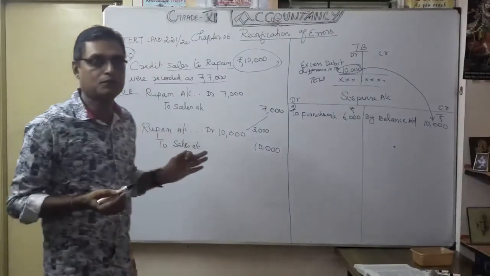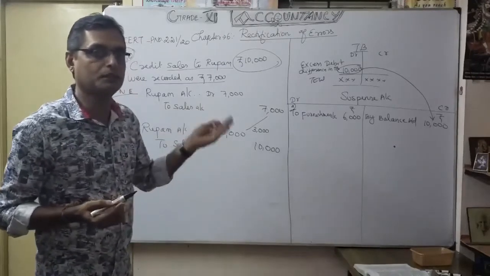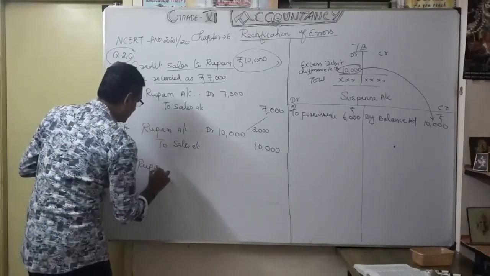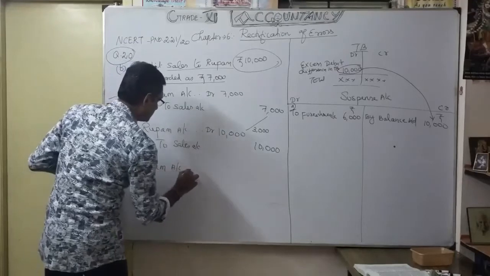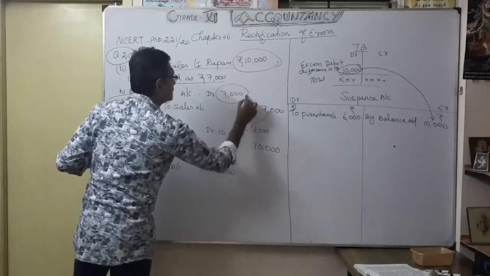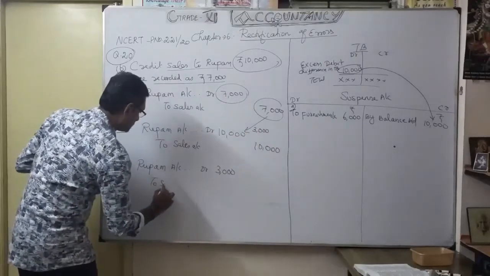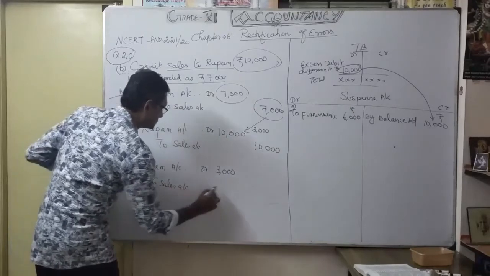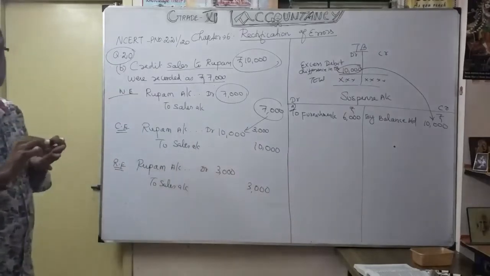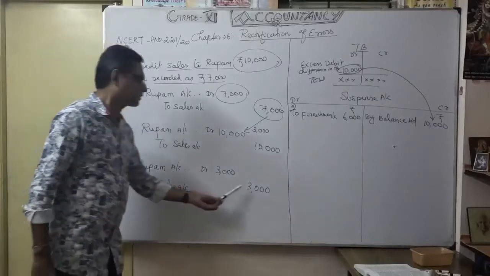No question of suspense account, because the error is only the amount, not debit and credit. So the entry is the same: Reuben account debit 3,000, because of the difference, to sales account 3,000. Now we give the effect: Reuben account debit 3,000 to sales account 3,000.